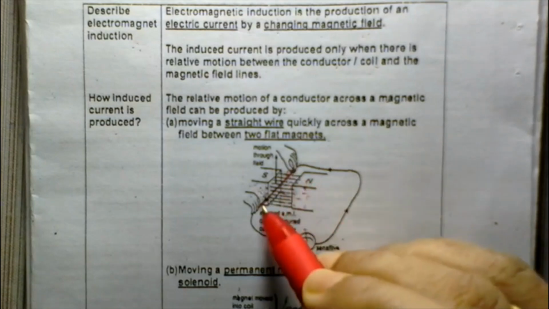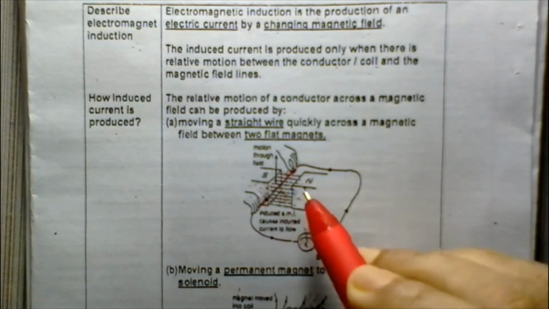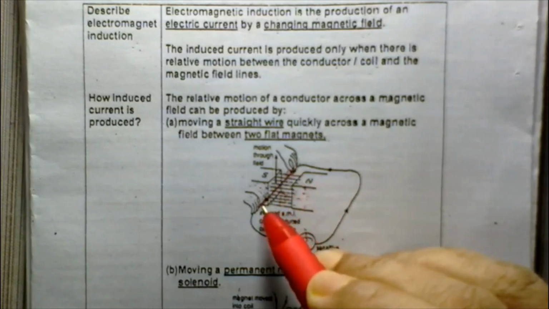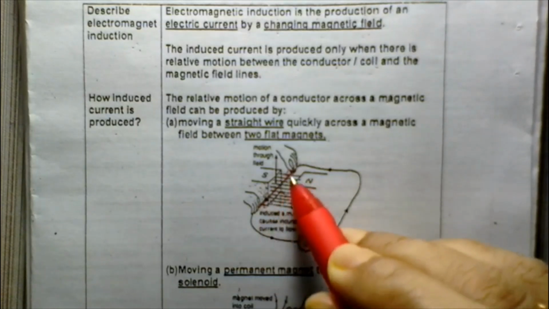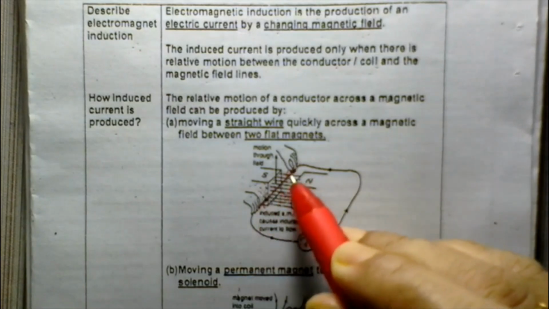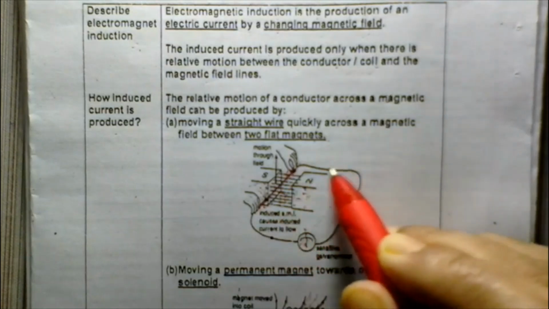The cutting of the magnetic field lines will produce a changing magnetic field. The changing magnetic field will induce EMF across the wire, or will induce current that flows in the wire.